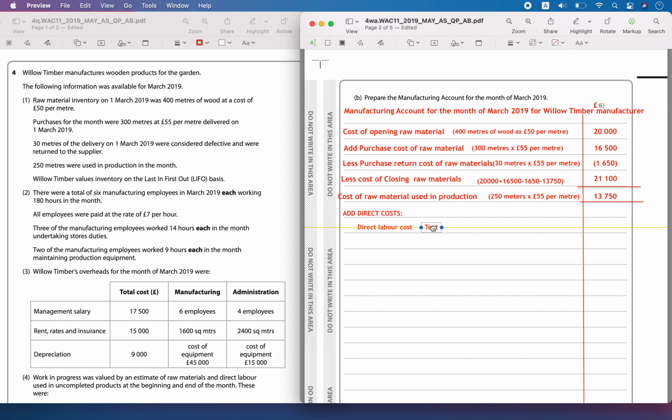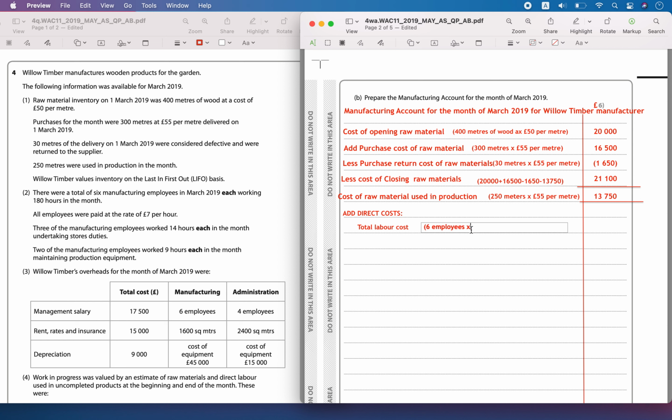So direct labor cost, we can see that there are 6 employees, each working for, so this is the total labor cost. There are 6 employees and each of them is working for 180 hours in a month.